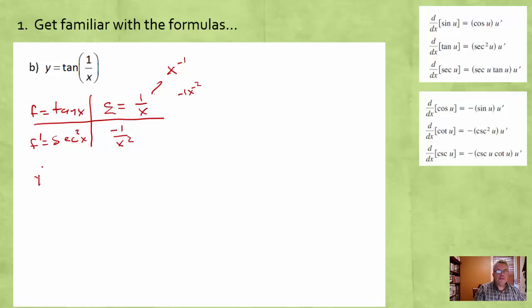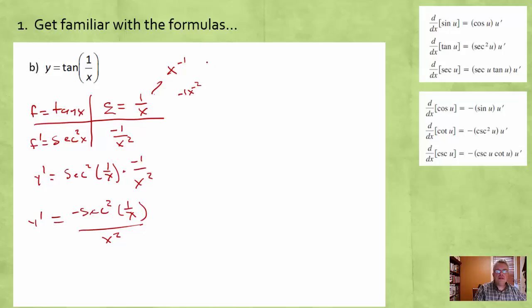So we get y prime equals secant squared of 1 over x times negative 1 over x squared. And we just write that as minus secant squared of 1 over x, divided by x squared. That's y prime.